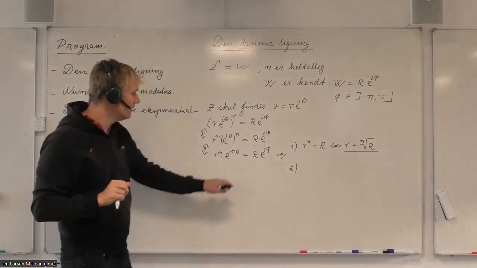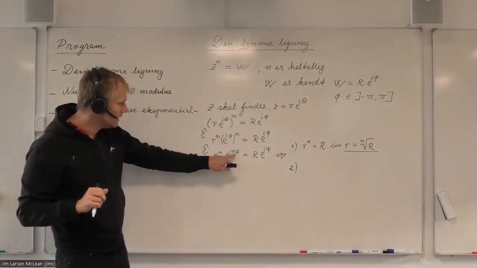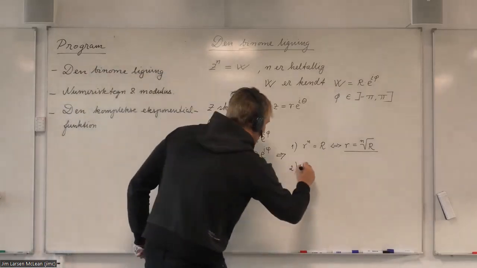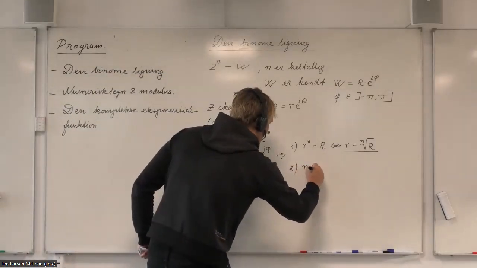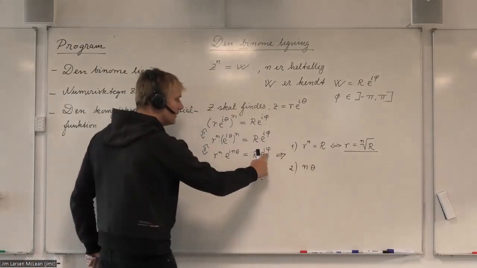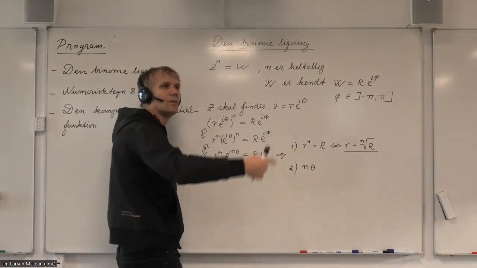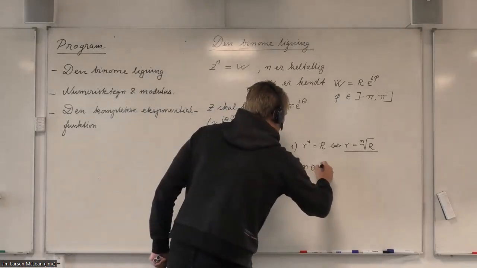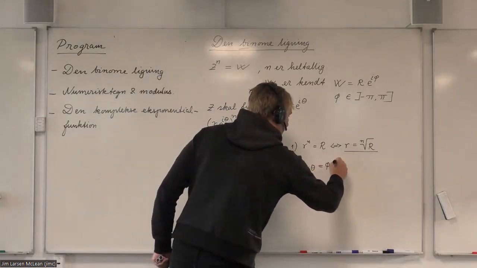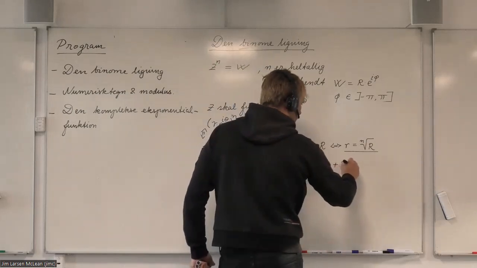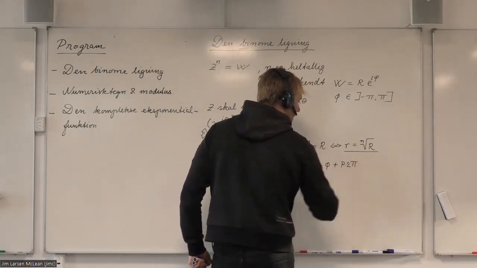Let's look at the angle. I mean, the argument n times theta. This is the argument for this complex number, n times theta. It has to be equal to the argument of this complex number, except for a whole number of turns. So it has to equal phi, except for a whole number of full rounds, and one full turn is 2 pi.